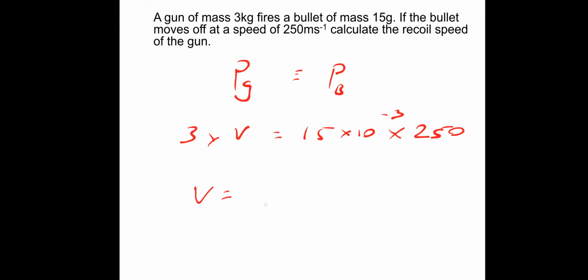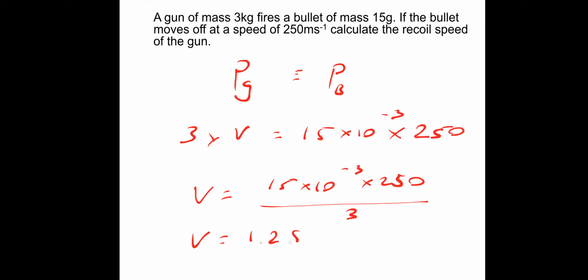So the velocity of the recoil is 15 times 10 to the minus 3 times 250, divided by 3. So that gives a velocity of 1.25 meters per second.